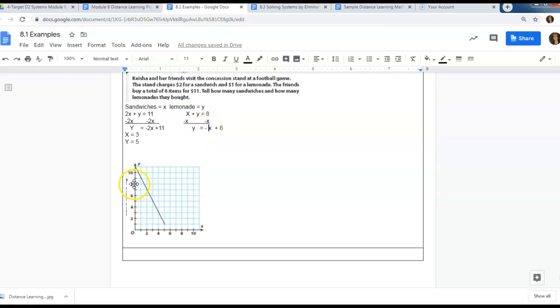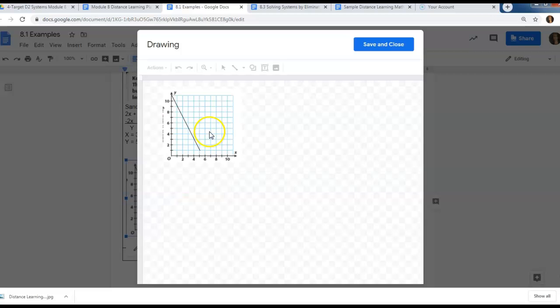So I'm going to start at 8, go down 1 over 1, down 1 over 1, because the slope is negative 1. So now I'm going to graph it. And now I go to my lines. Once again, I start at 8, and then I go down 1 to the right 1, down 1 to the right 1.